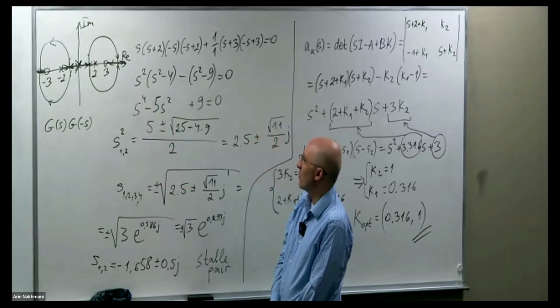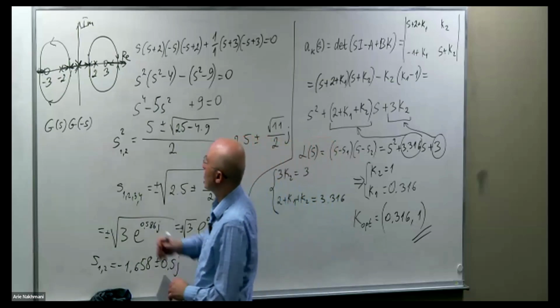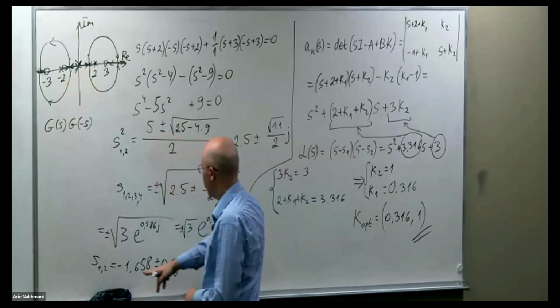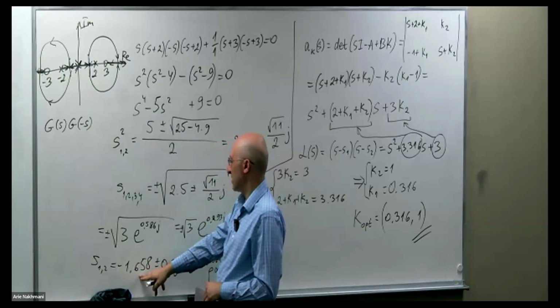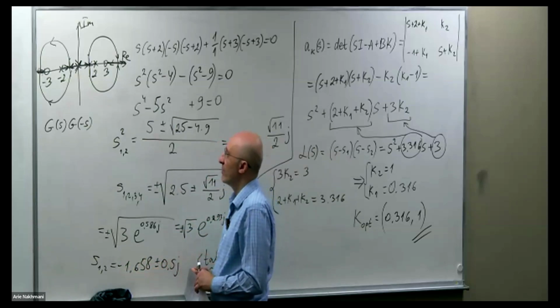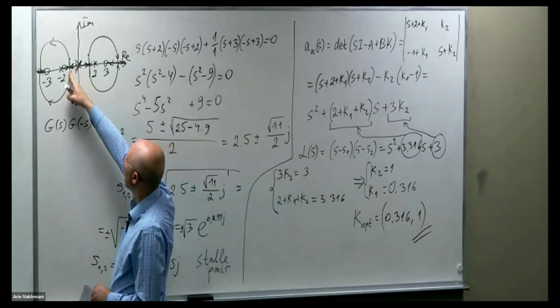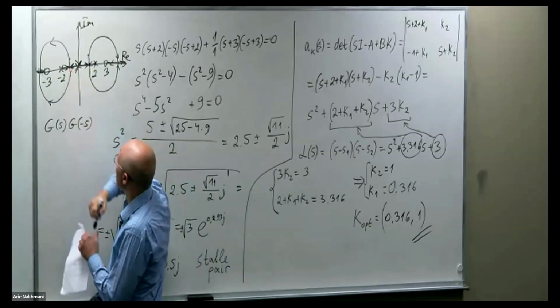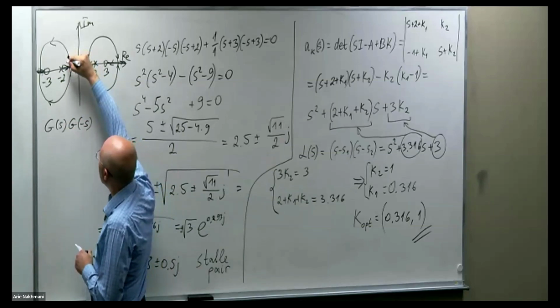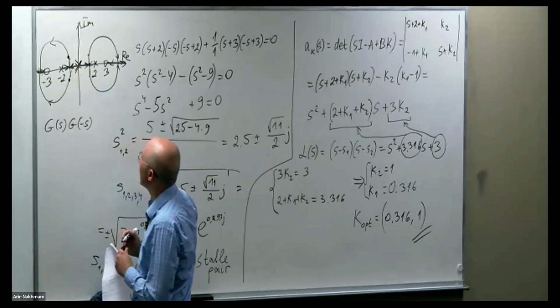This is what we care about. So this is 0, this is -2, and this is -1.6 plus minus 1/2. So 1.6 will be somewhere here, probably. So the actual optimal poles will be somewhere here.